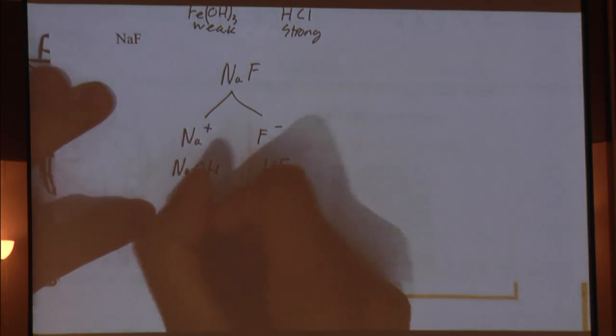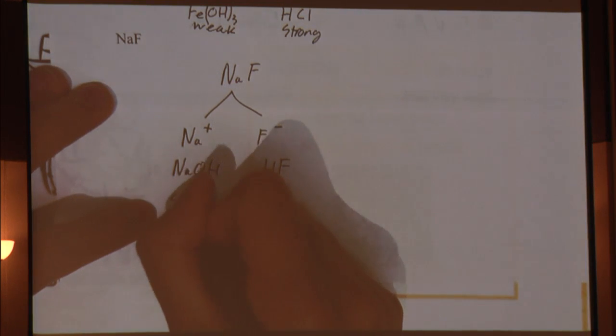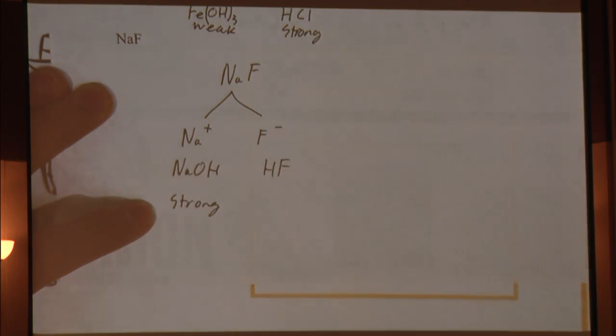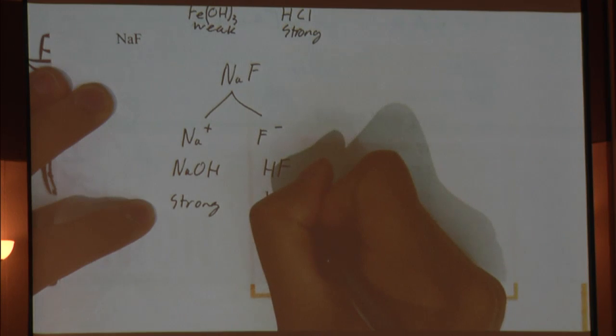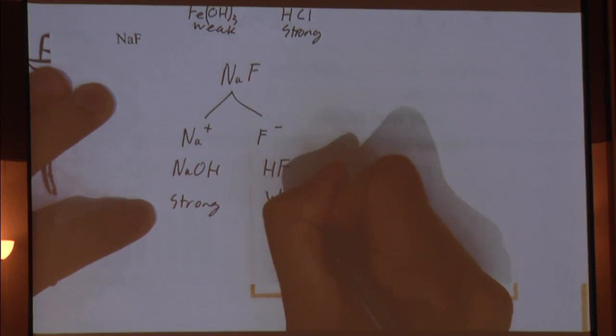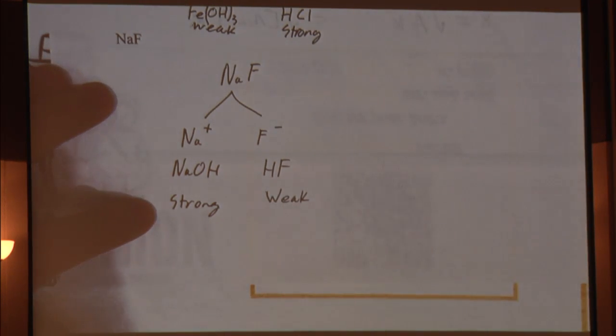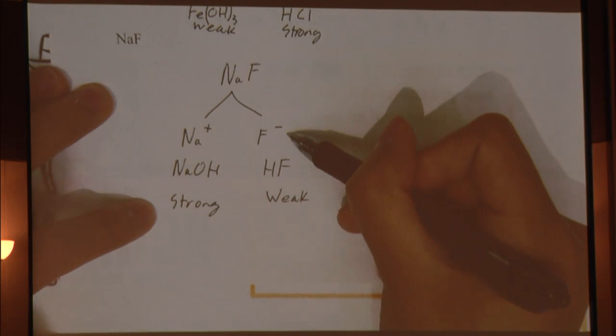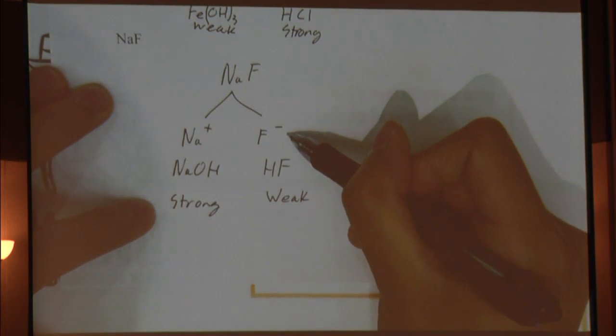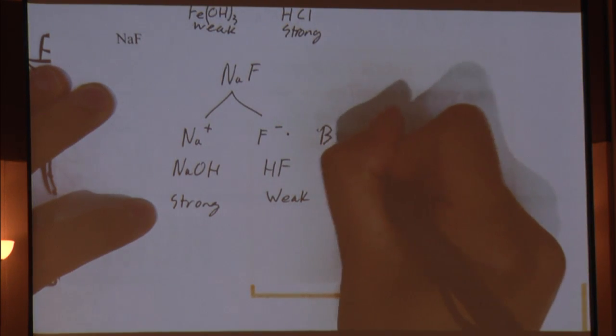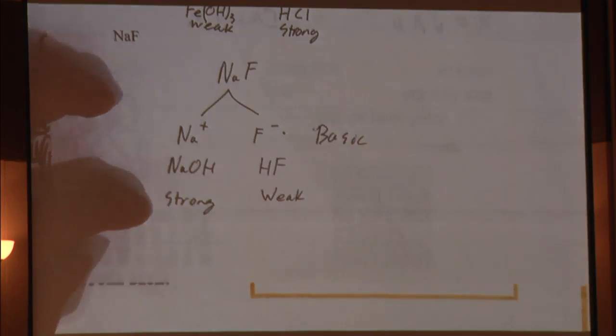We see here that this NaOH is a strong base, and this HF is a weak acid. And we know that conjugate bases of weak acids make basic solutions.